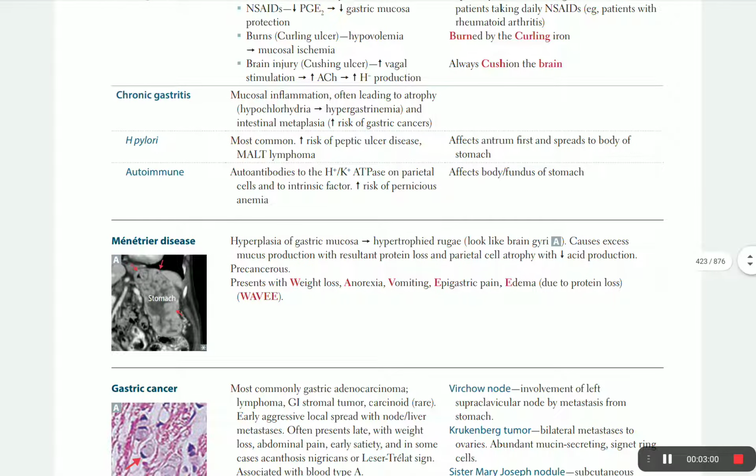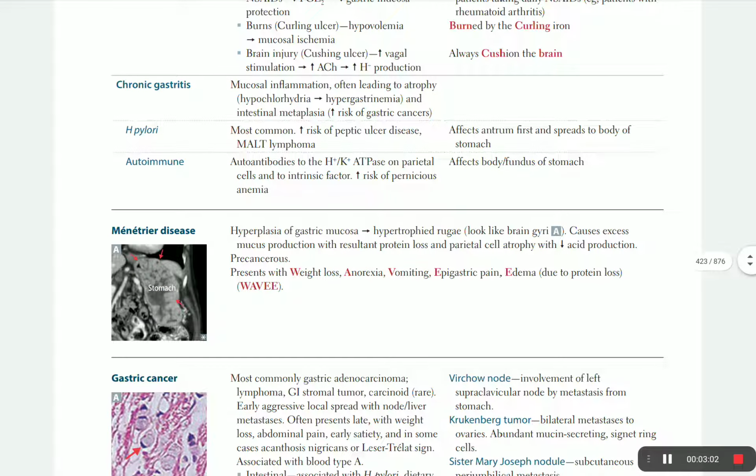Chronic gastritis. Chronic gastritis is a mucosal inflammation, often leading to atrophy, hypochlorhydria, leading to hypergastrinemia, and intestinal metaplasia, increasing risk of gastric cancer. As we said before, any metaplasia in any site of the body increases the risk of cancer.